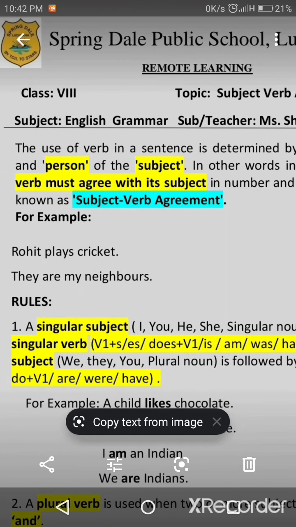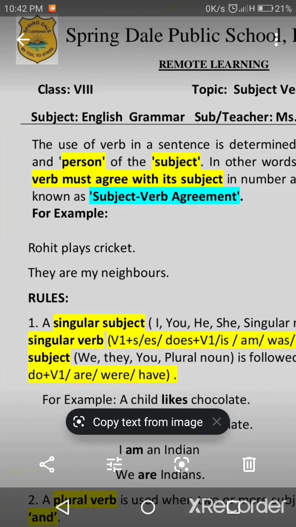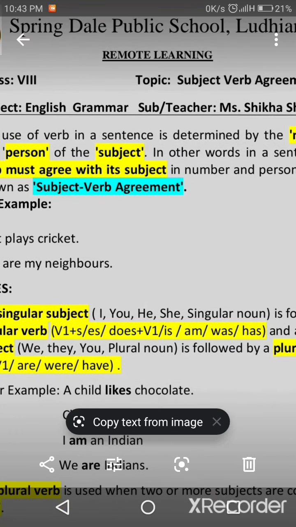The use of verb in a sentence is determined by the number and person of the subject. So a verb is used according to the number and person. Number means whether the subject is singular or plural, and person means whether the subject is first person pronoun, second person pronoun, or third person pronoun. According to this, the verb is used, and this is what is known as subject-verb agreement.